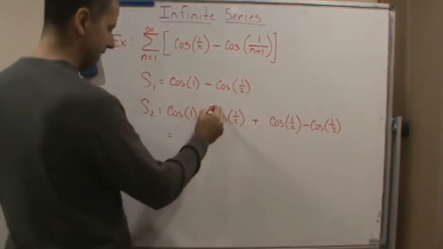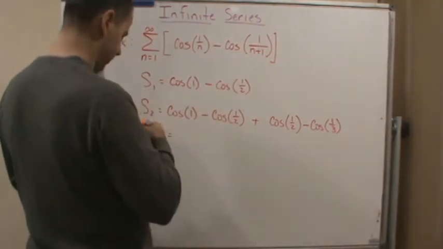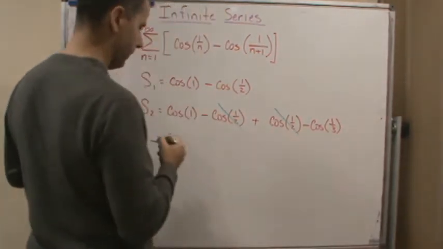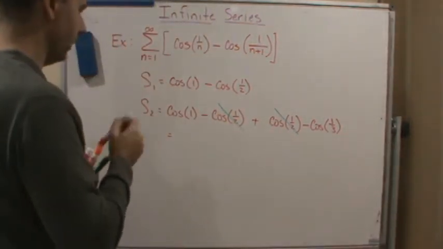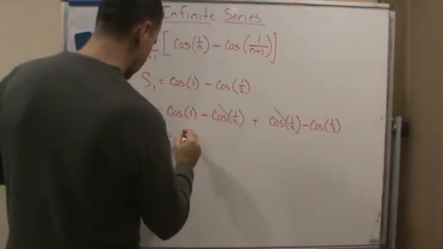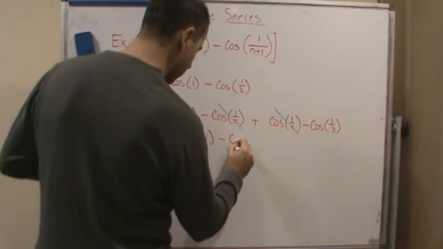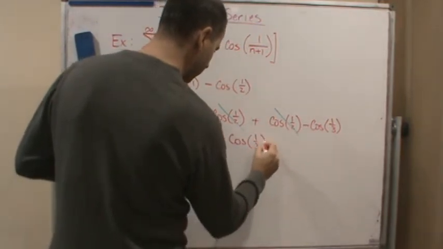So now we see that these two cancel, and we end up with cosine 1 minus cosine 1/3.